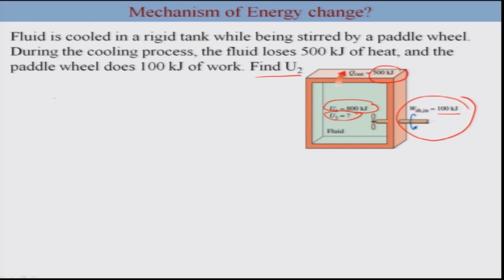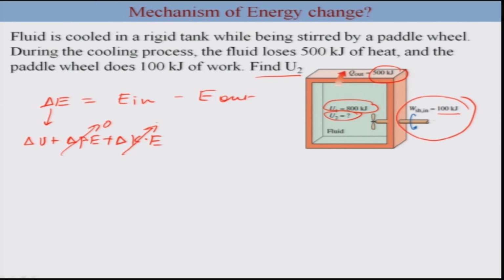Okay, so we can simply consider delta E. So delta E is your E in minus E out, and delta E is nothing but your delta U plus delta PE plus delta KE. So elevation is not changing and there is no change in the velocity. In fact, there is no velocity, it's a stationary system. So these two terms should be 0.